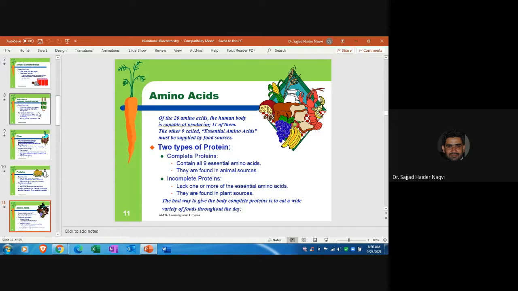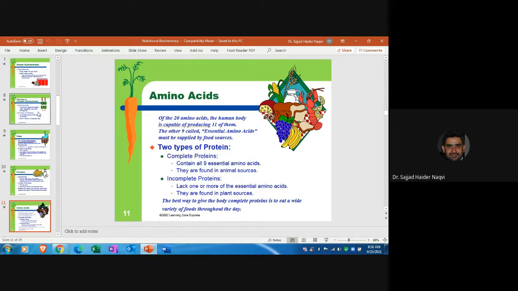Now, the proteins can be of two types as well, complete and incomplete proteins. The complete proteins are the ones that have all the essential amino acids in them. Primarily, the protein coming from animal sources, from the meat sources, is of that category. While the incomplete proteins are the ones which may lack one or more of the essential amino acids, and they are primarily coming from plant sources.